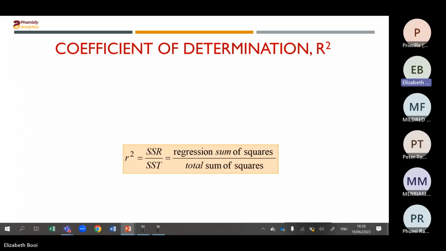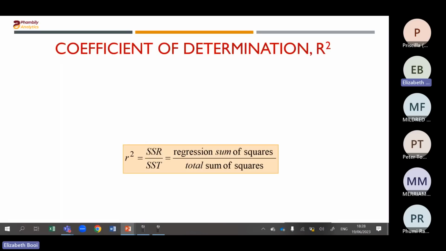Okay, so if you have your R, which is the coefficient of correlation, and you have calculated it, we're going to do the calculation just now. If you have calculated your R, you can then find your coefficient of determination, which is your R squared. So if you have the value of R, you just square it, or take it to the power of 2, and that will give you the coefficient of determination.